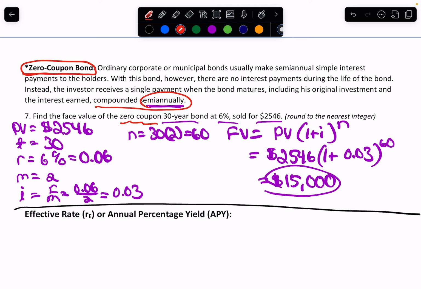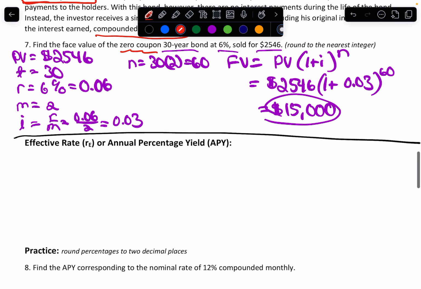Okay, next, we're going to define what is an effective rate, RE, or annual yield, APY.